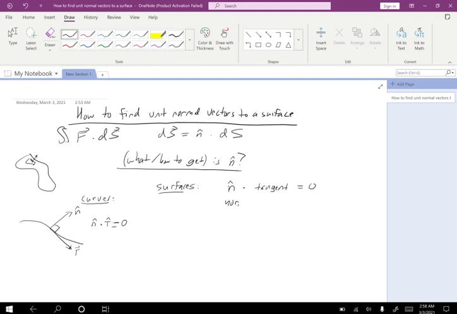In other words, the normal is orthogonal to the tangent. So all we need is to get two tangent vectors because we actually have a nice procedure to get orthogonal stuff. So we can actually construct this thing using a cross product.